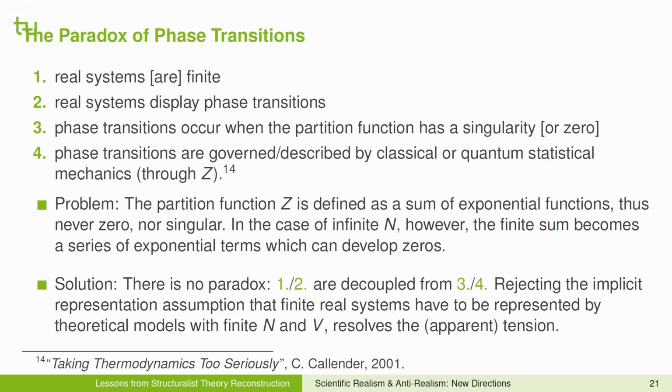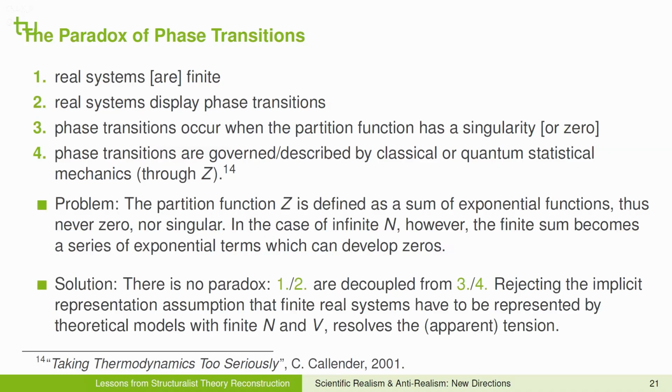I say there is no paradox at all. If you look at these different statements, there's no connection between 1, 2, and 3, 4. In 1 and 2, we are talking about real, empirical systems. In 3 and 4, we are talking about theoretical models that represent these systems. Without any representation assumption, there is no connection between those two, and so we can keep all four of them.